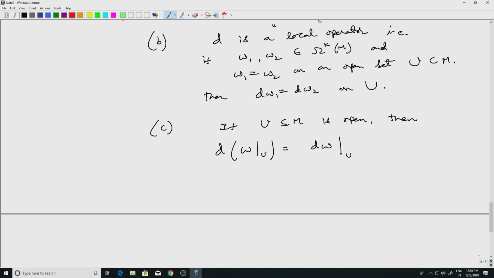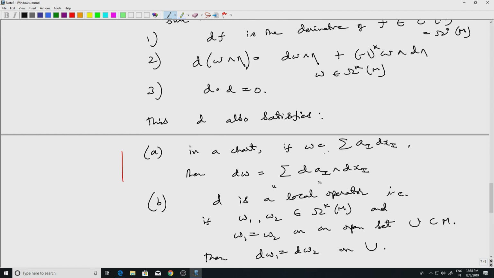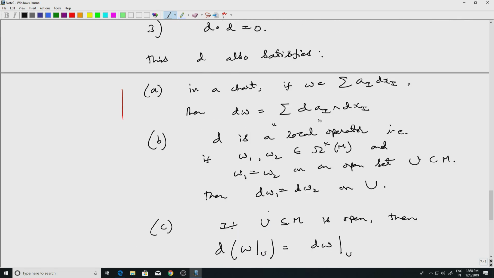Right. So now let's prove this. Even though I said that one cannot use this as the definition, in the proof that's precisely what I end up doing.